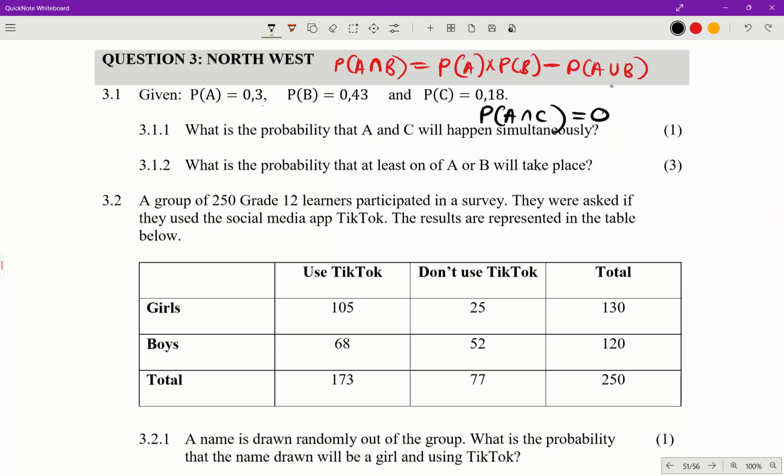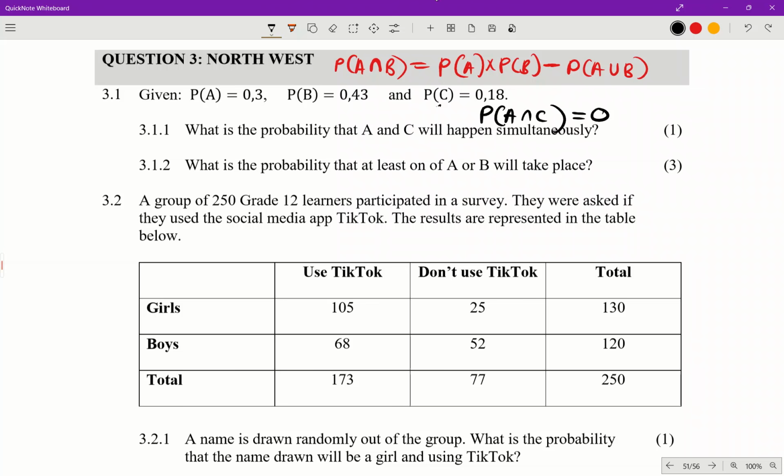This is when two events are mutually exclusive, meaning they cannot occur at the same time. This is why I said 0 here. You cannot have A and C at the same time, and you cannot have A and B at the same time. This is the formula for mutually exclusive events.